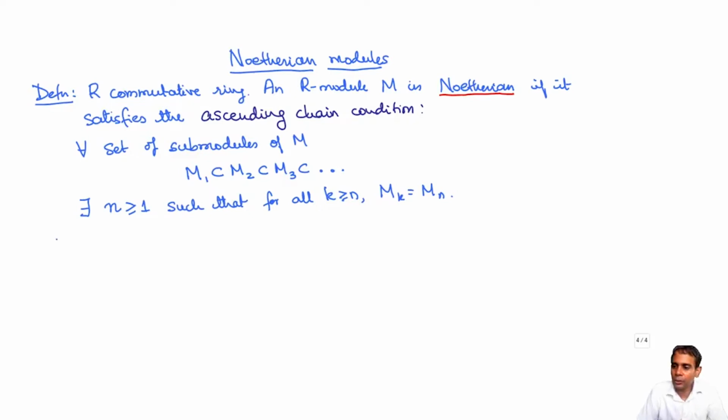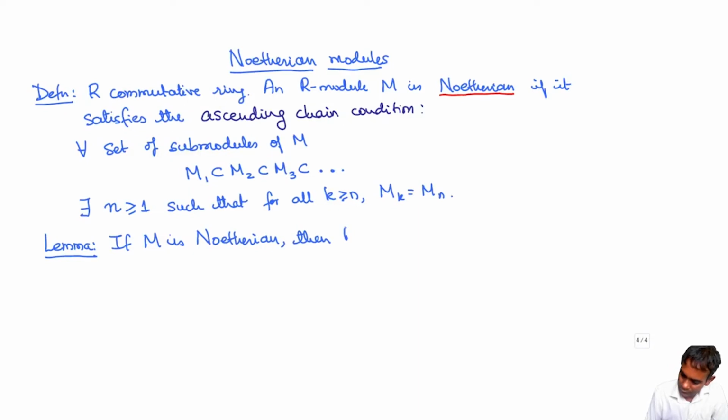And the relation to finite generation is quite straightforward to start with. We can show an easy lemma that if M is Noetherian, then M is finitely generated. The way to prove this is by contradiction.